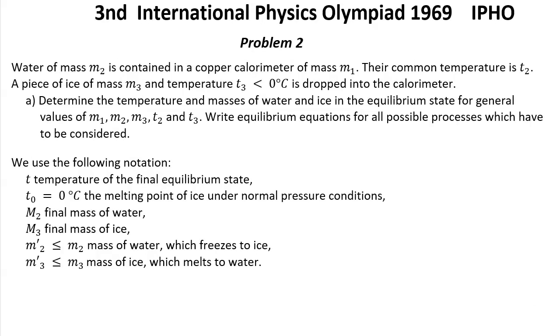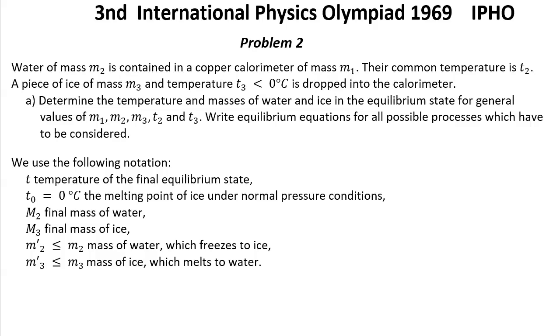Solution for problem number 2. Here we use the following notation. Let T be the temperature of the final equilibrium state. T0 equals 0 degrees centigrade, the melting point of ice under normal pressure conditions.